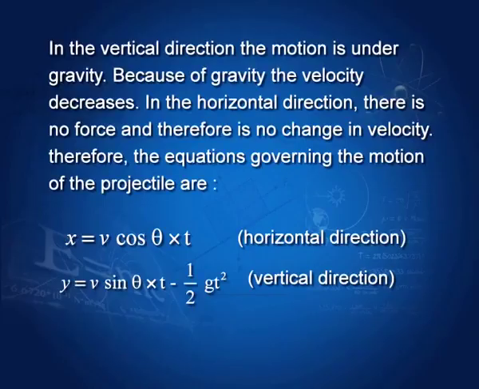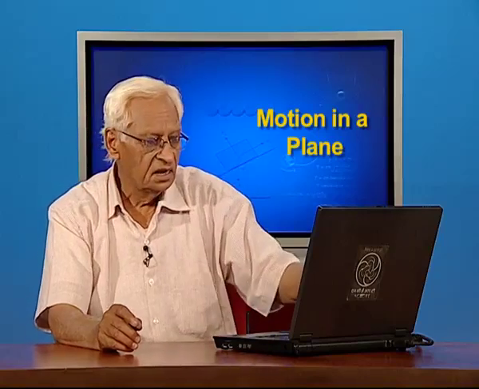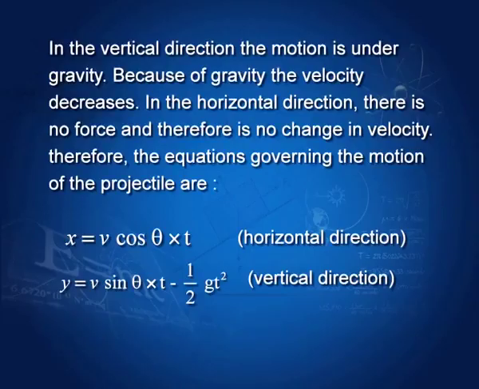The motion along the x axis is independent of any force. So, the distance covered in time t along the x axis is v cos theta times t, no force is acting. In the y direction, there is the force of gravity and therefore, the distance covered in the vertical direction is the vertical velocity v sin theta into t minus half g t square, where g is the acceleration due to gravity.